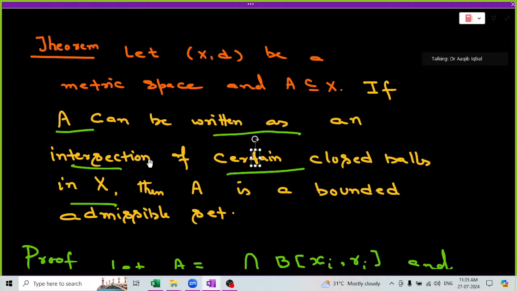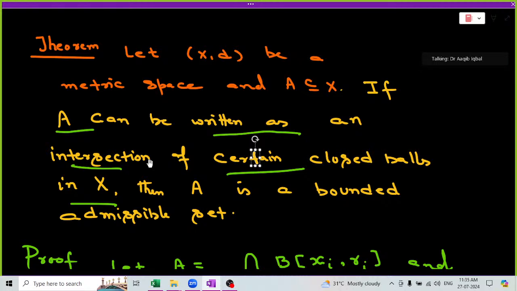By the way, is the converse of this theorem true? Look at the statement and ask yourself, is the converse true? Yes sir, the converse is obvious.